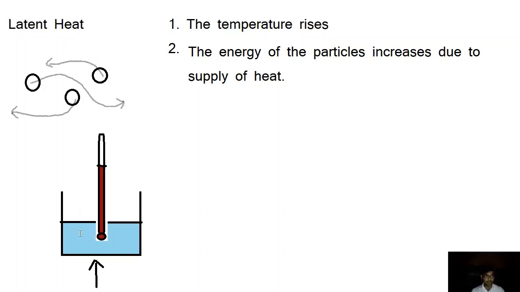When all the particles inside the liquid are simultaneously changing into the gaseous state from the liquid state, we have a situation we call boiling, and that takes place at a fixed temperature.